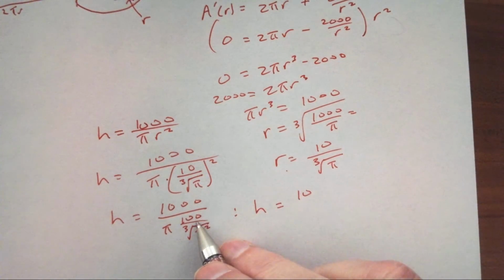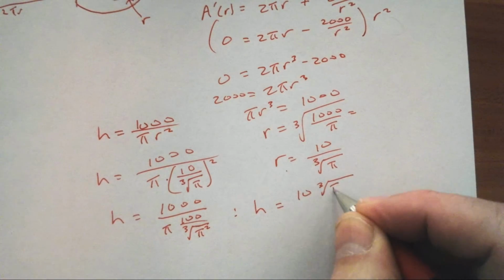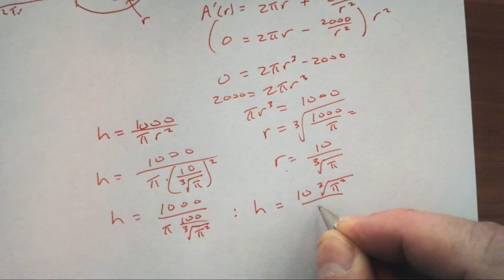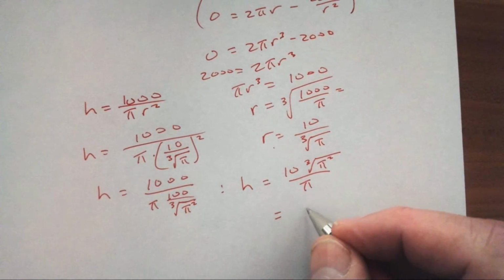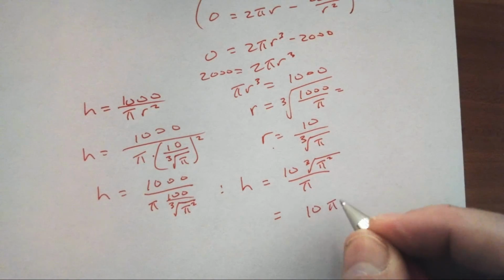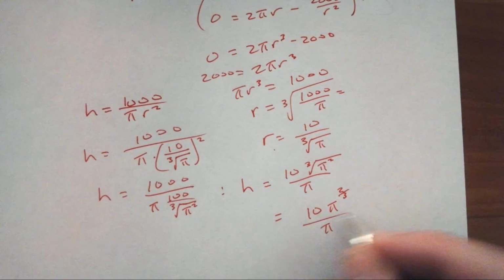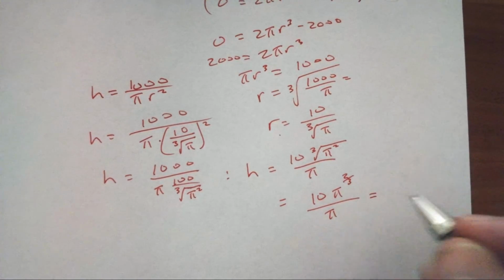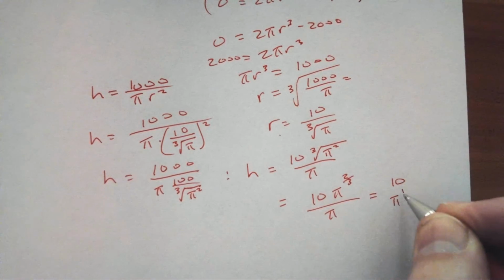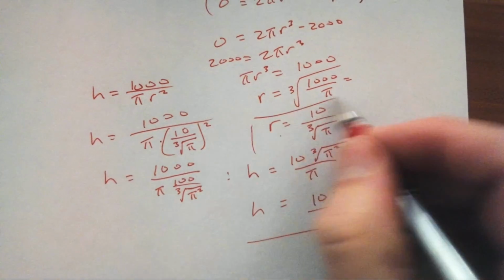Multiply that. 100 stayed in the denominator. So I get third root of pi squared all on pi. A little simplifying here. Let's go 10 pi to the 2/3 all on pi, or 10 on pi to the 1/3. So there's h. Dimensions. A little bit messy here.